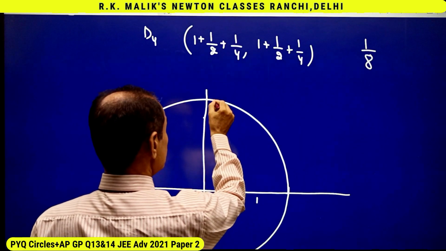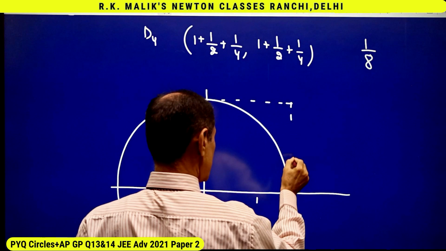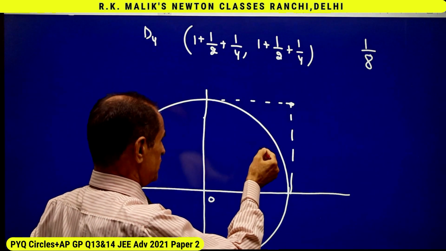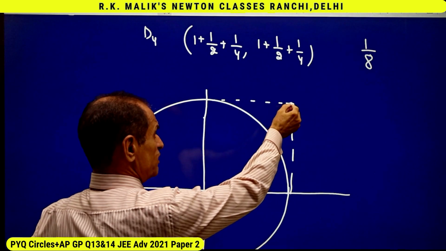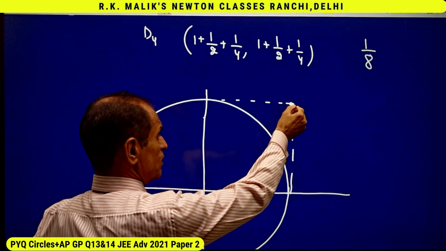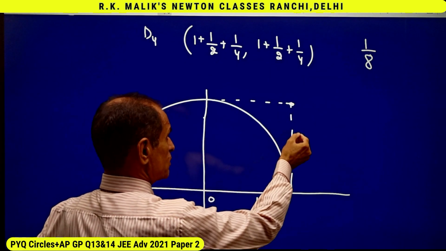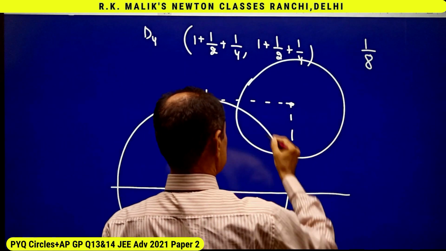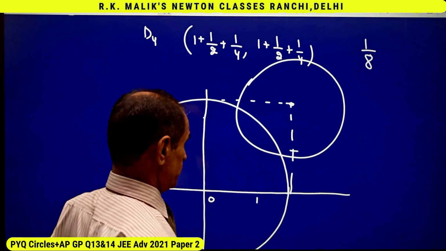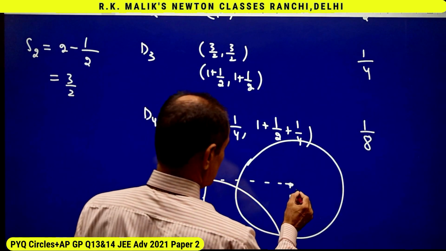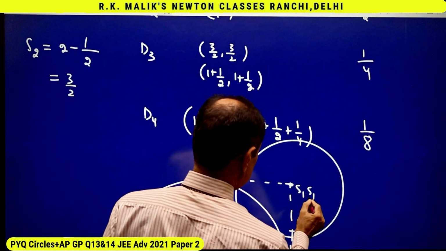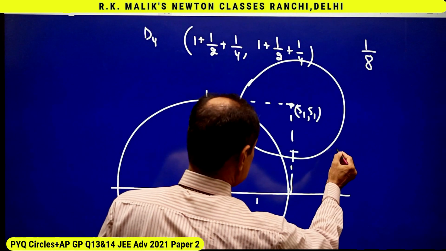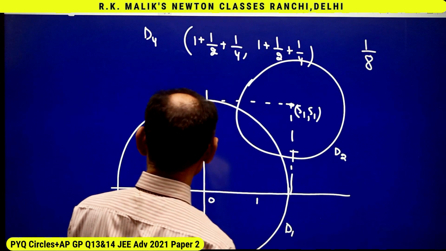Note that 1, 1 will be this point, and D2 is a circle with center this and radius half of it. This is S1 comma S1. This is a circle D1. This is a circle D2.